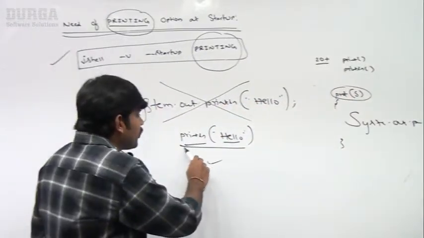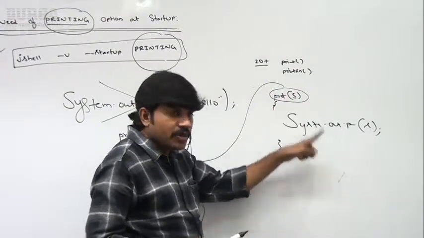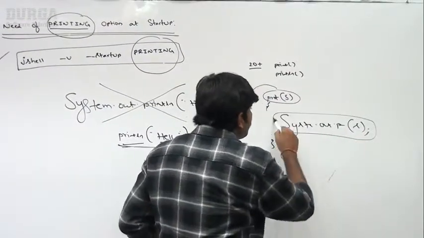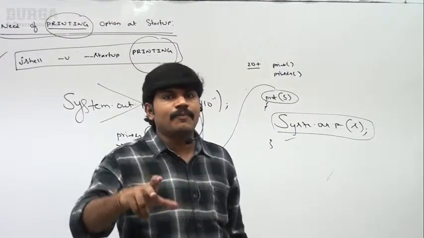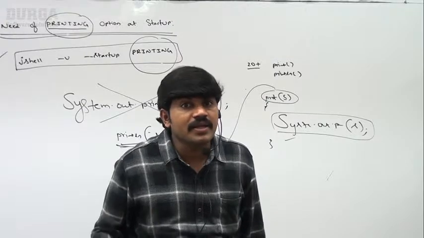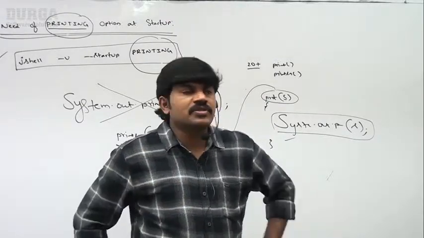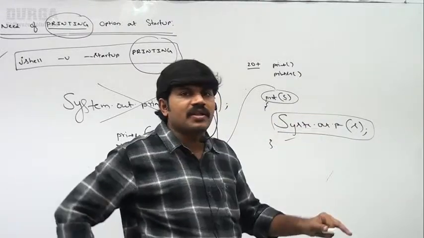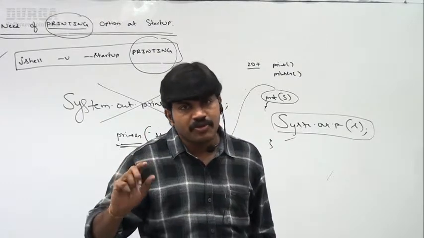Whenever we call print of hello, internally System.out.println of hello will be executed. So it is easy for the programmer. We are not required to write System.out.println. You can just use print. Calling System.out.println will be taken care of automatically by JSL because of this printing option.